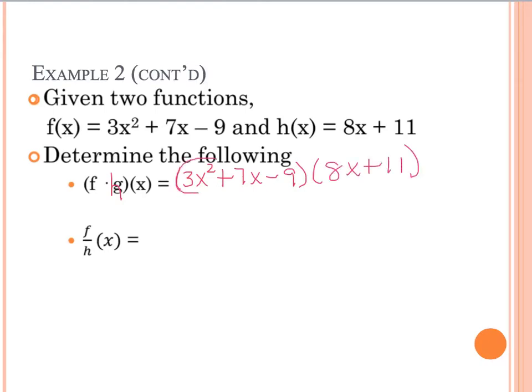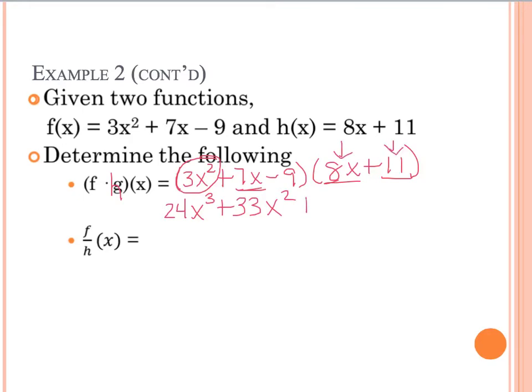So I'm going to take my 3x squared and multiply it by both things in the other parentheses. So 24x to the third plus 33x squared.